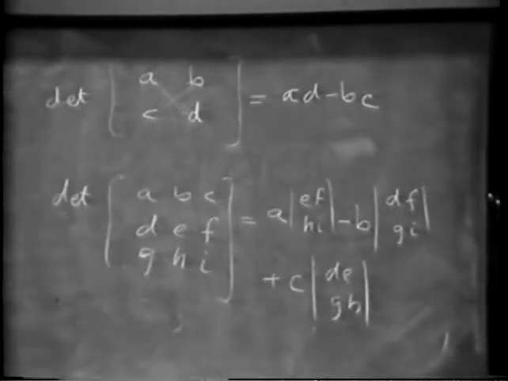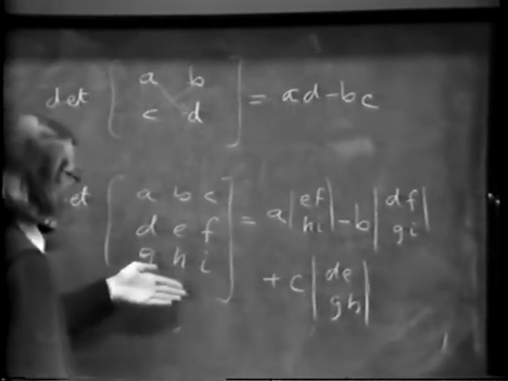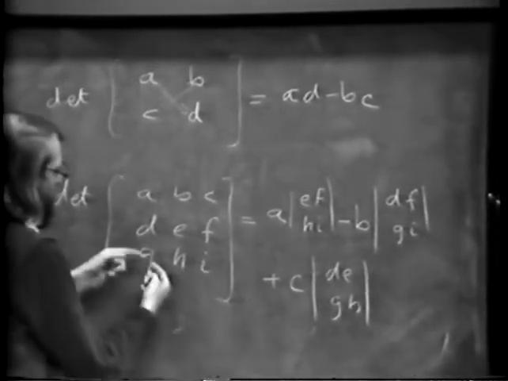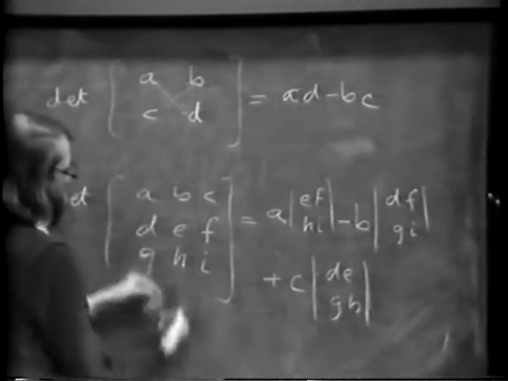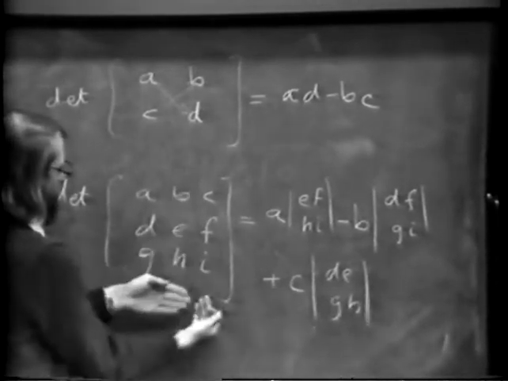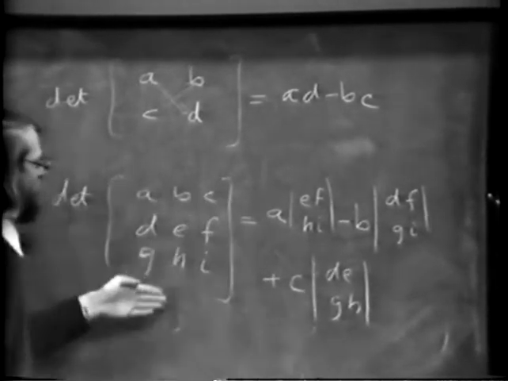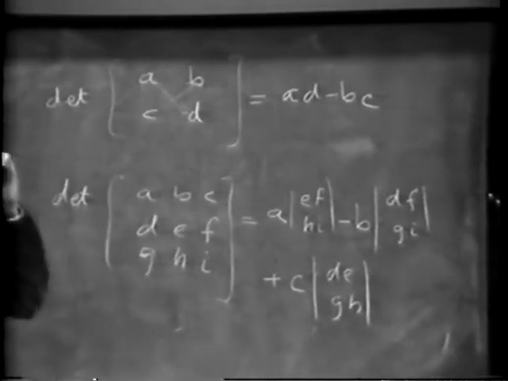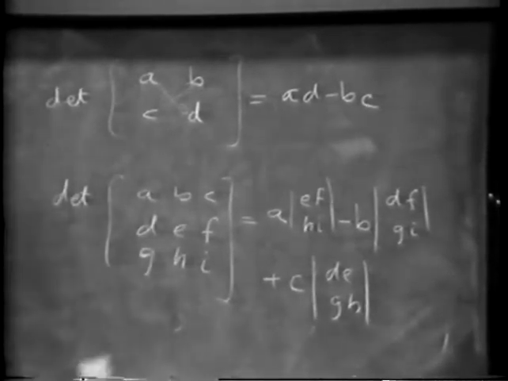If you play around with the mathematics of it, you get essentially the same thing if you were to take the bottom row and take G times what's left if you remove it, minus H times what's left if you remove it, plus I times what's left if you remove that. And in fact, for a 3 by 3 matrix, there is another shorthand notation for this.